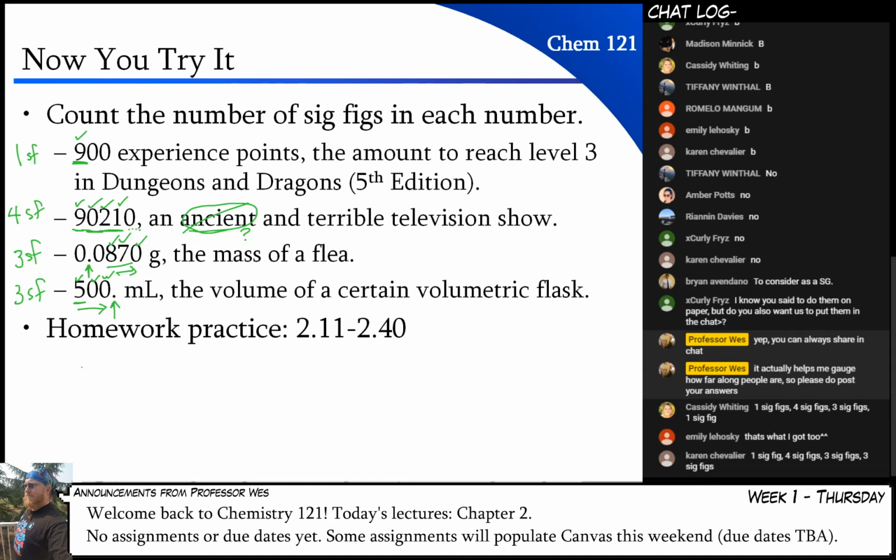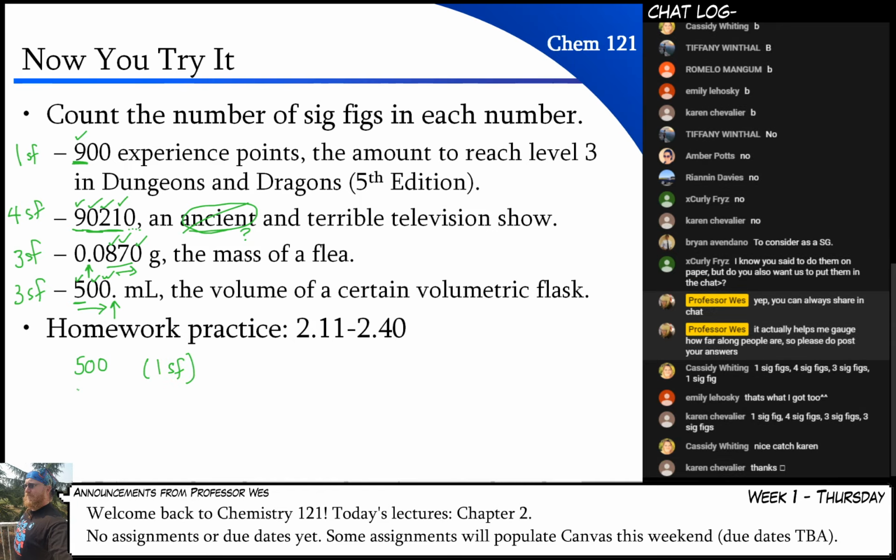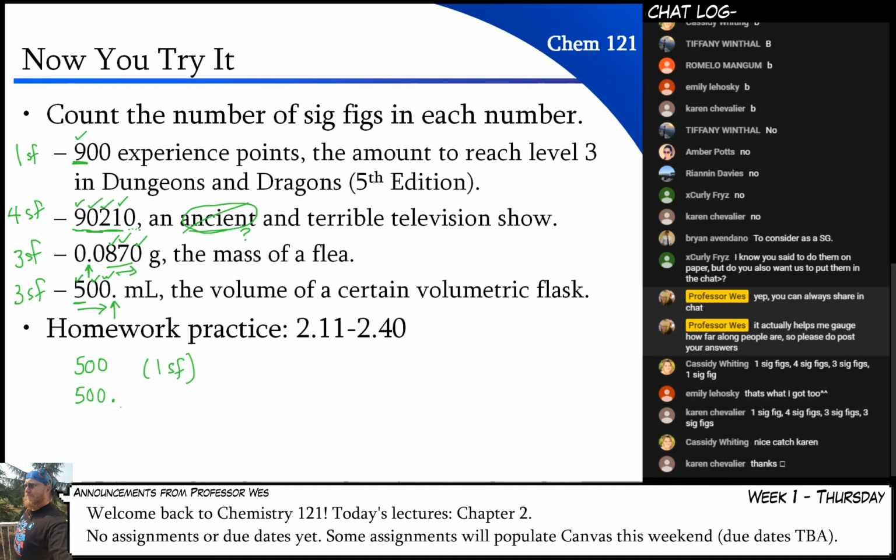Well, if you had an answer that you wanted to ensure had 3 sig figs, if I were just to write 500, as written, this is only one significant figure. But doing this with this stupid dot that's hidden there ensures that I get the correct amount of precision for this value.